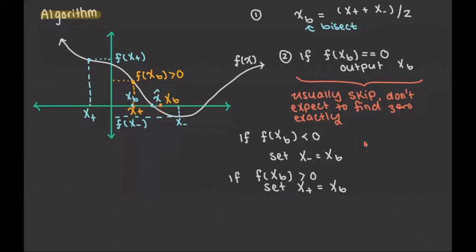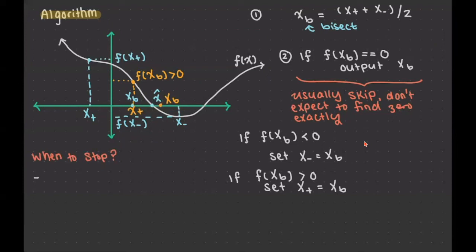Now we just need to ask ourselves, when do we need to stop? When do we say, okay, we've found a point that's close enough? There are two different ways to do that. I'll call this "when to stop." They're not equivalent, but it's not super important which one you go with.